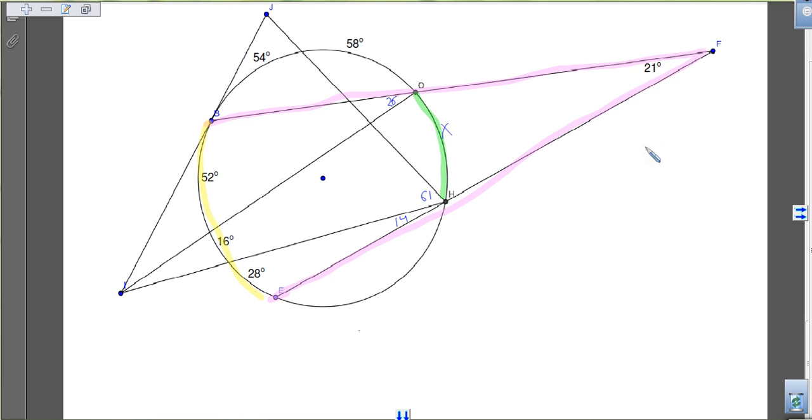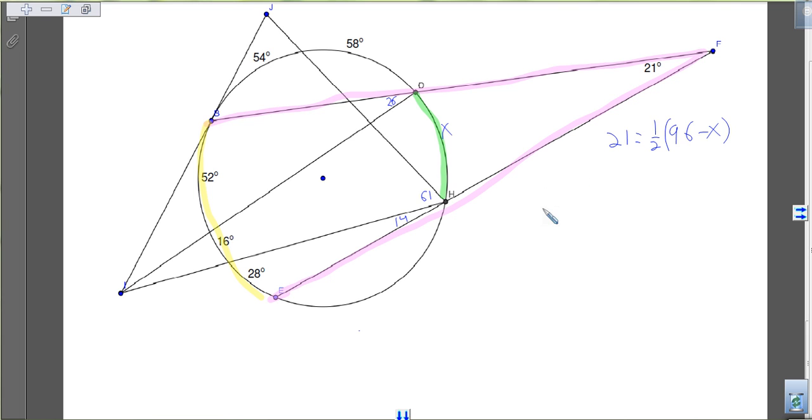So the measure of my angle, 21, is equal to half of this arc, which is 52 plus 16 plus 28, which, you have to forgive me for my poor arithmetic skills here. 52 plus 16 plus 28 is 96 minus x.